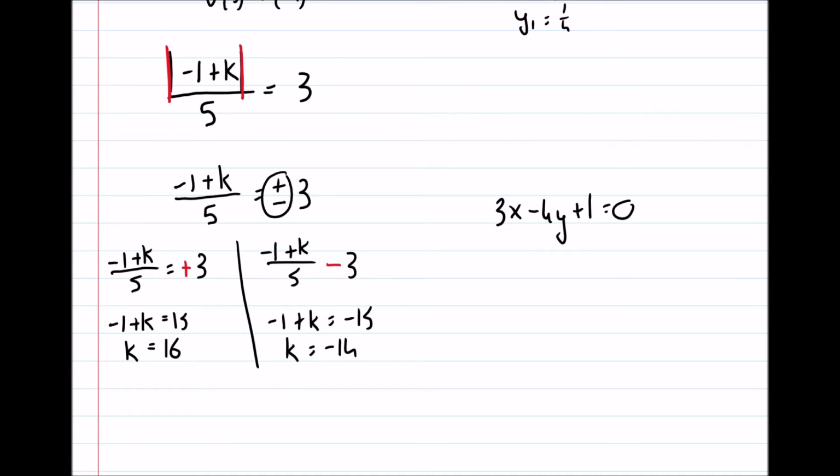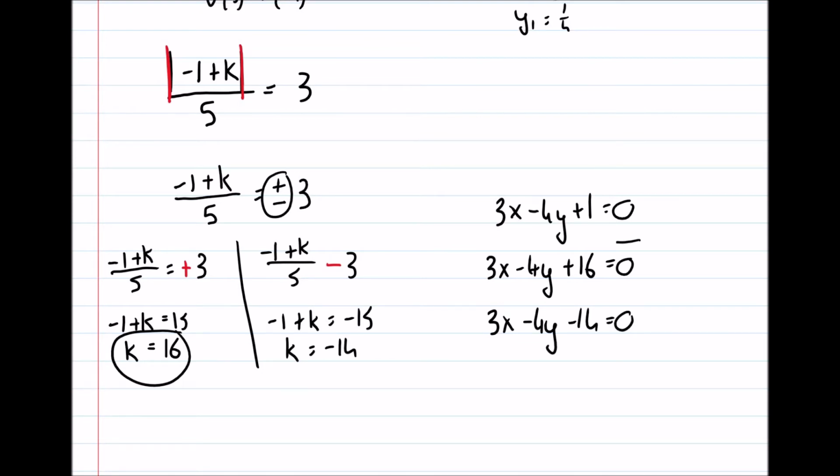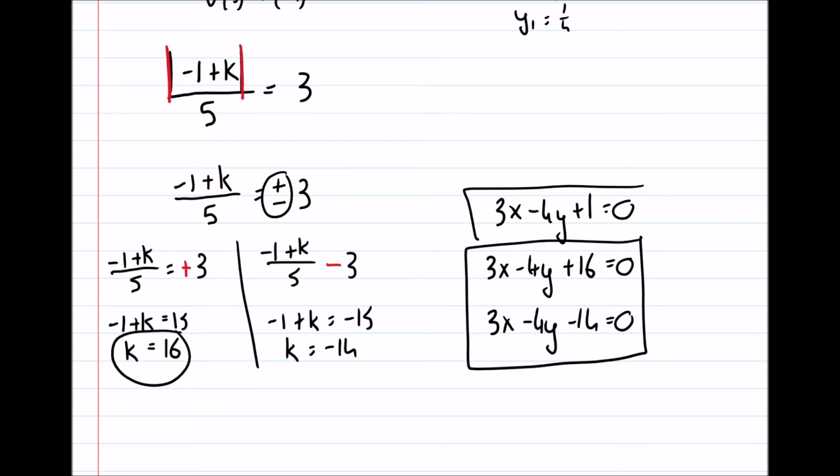And remember we said the other two lines then are going to also be 3x minus 4y plus k, and we were looking for the k. And in one of those lines the k is 16, and in the other one of those lines the k is minus 14. So there is the two parallel lines to that, which are also a distance of 2 units either side of it.